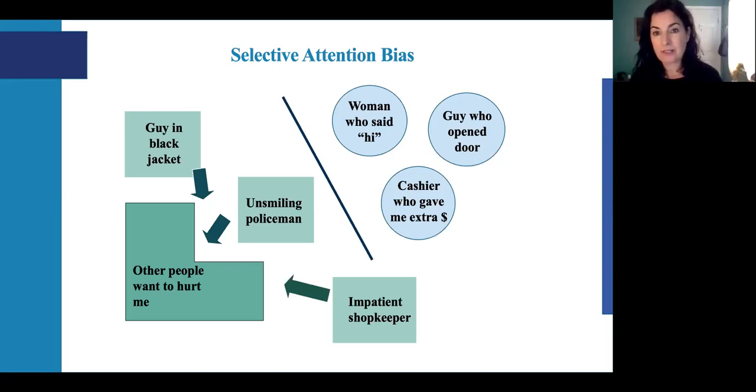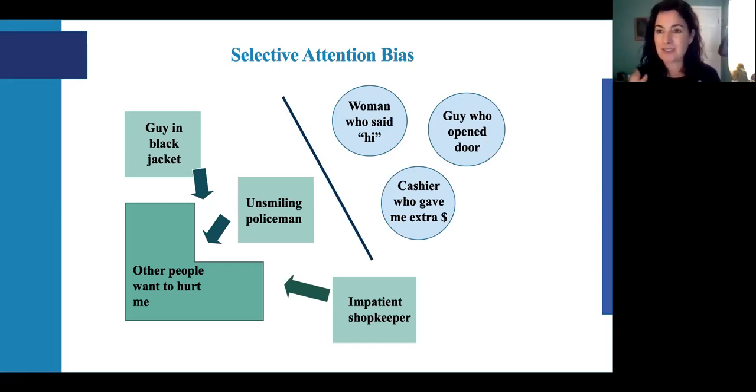However, because of selective attention bias, this client is only paying attention to the stuff in green, right? But what about the stuff in blue? That also happened while the person was in the convenience store. For example, when he was walking down the aisle, a woman smiled and said hi to him. A guy opened the door and held it for him when he was coming in. And the cashier, when he checked out and bought his cereal, gave him a couple extra pennies with his change.